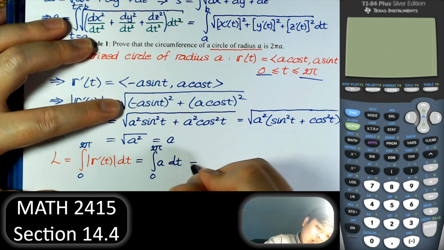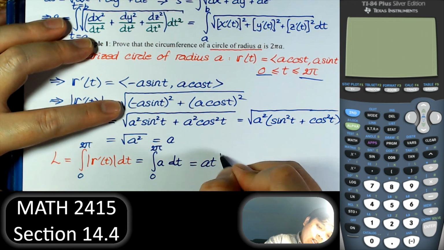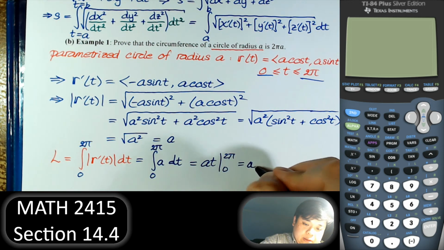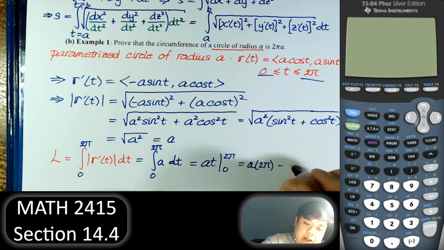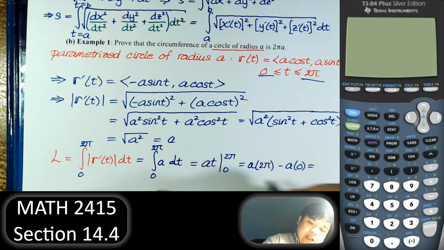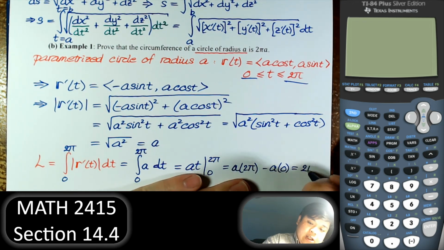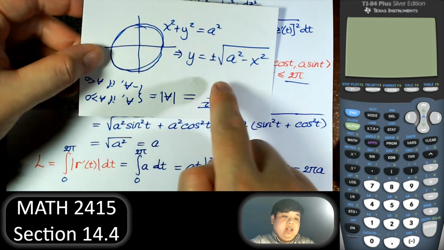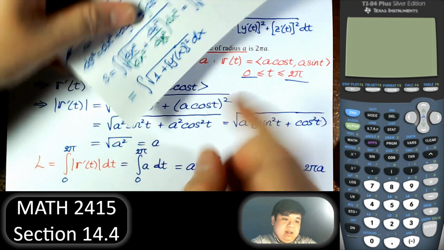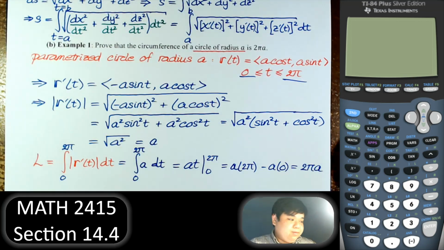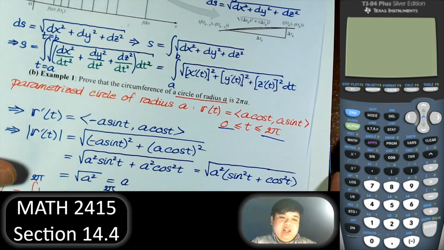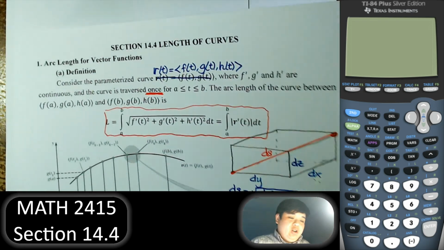So we have the integral of a dt from 0 to 2 pi. Put in 2 pi and put in 0. So that just equals 2 pi a. So the proof for that is a lot easier than using this function and that formula. Because we have the square root and the integral, there's only a few functions that we can do.